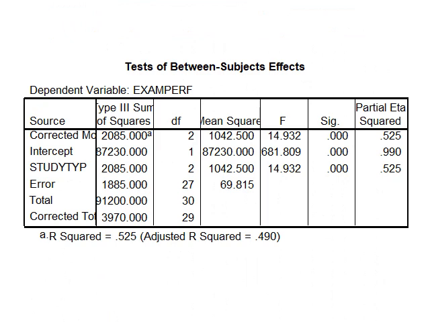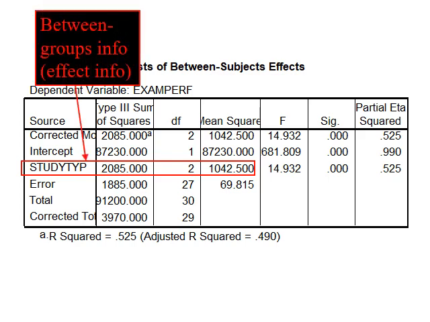If we were running this test in SPSS, we would get a table that looks like this. And I just want to walk through where these same numbers are going to be found in this table. Whatever the name of your outcome is, your DV is going to be the first thing you look for, and it's usually going to be the third line. You're going to see your sums of squares, your degrees of freedom, and your mean square value. You're also going to see your error, which is the bottom of the equation.